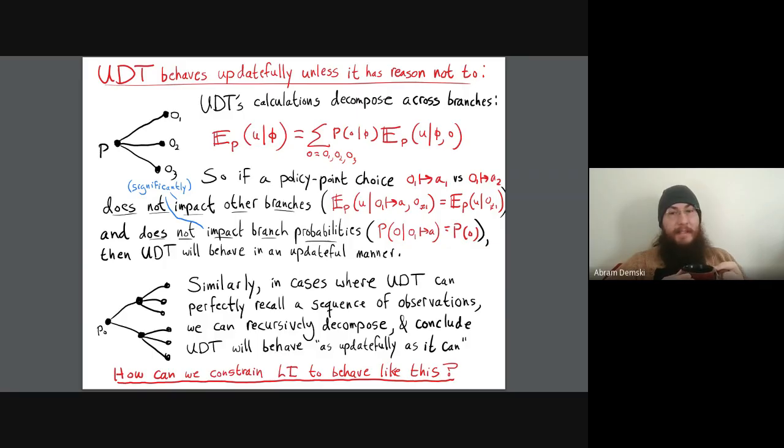So updateless decision theory is not stuck being updateless, but rather ought to be updateful whenever it's useful to do so. And so it strictly generalizes the cases where updateful decision theory is correct.